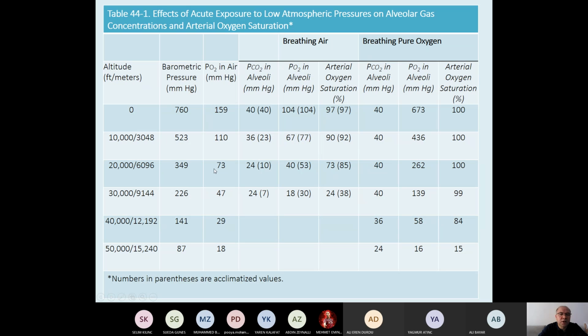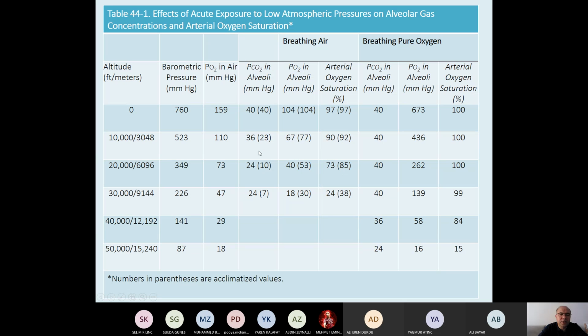As you see here, barometric pressure goes down from 760 to almost 350, and oxygen partial pressure in the air goes down from 160 to about 70, and then oxygen partial pressure in the alveoli is only 40 millimeter mercury now. In an acclimatized adapted person, it is 53, and saturation is 73%. On the other hand, in an acclimatized person, it is 85%.